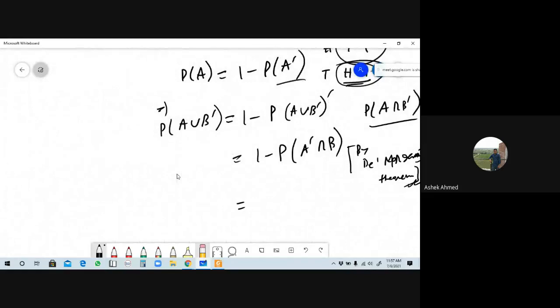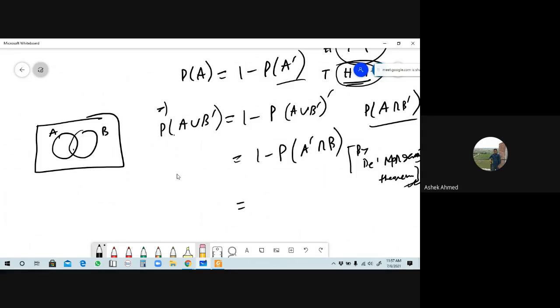Which Venn diagram? The one we know. This is a set, because there is no direct formula, so if this is a and this is the b set and this is a intersection b, is it right? Yes, sir.